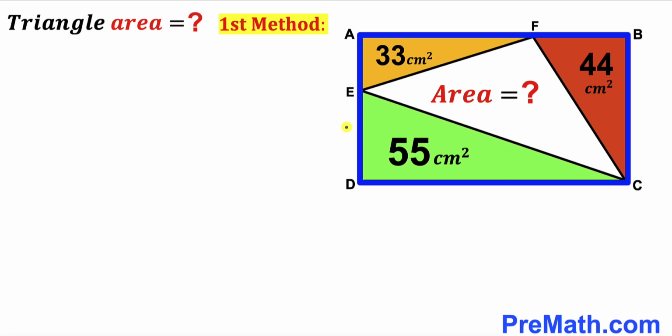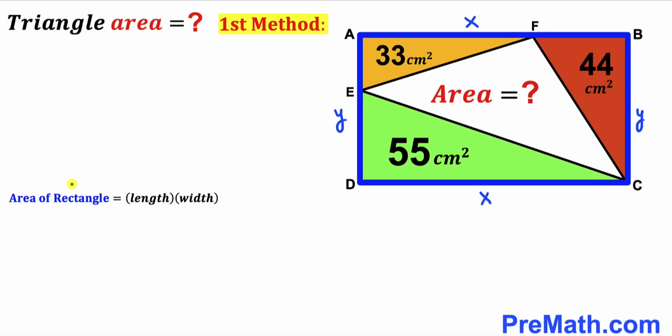Let's focus once again on this blue rectangle ABCD. I'm going to label its length AB side as X. Then the CD side is going to be X as well. Likewise, the width of this rectangle I'm going to label Y. Then the AD length is going to be Y as well.